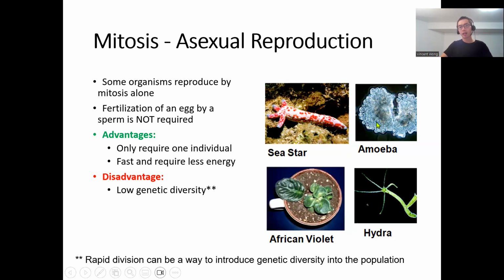A lot of these protists that we talked about, like amoeba, reproduce just by splitting. Plants do this a lot of the time. If you grow any house plants, you can break a bit off and leave it in water, and it will start to create roots and grow into an entirely new plant.